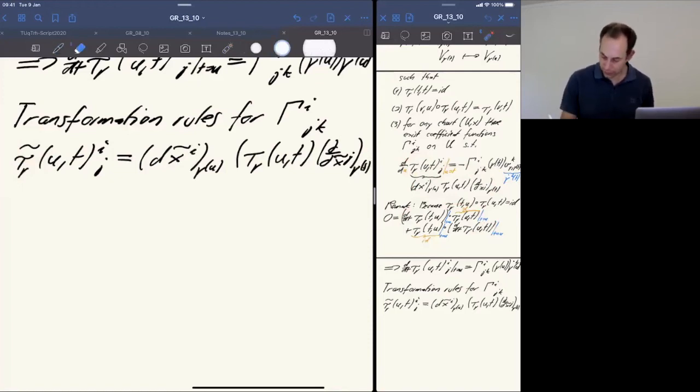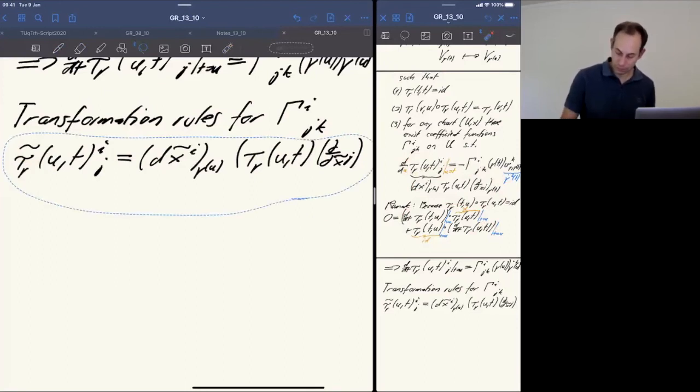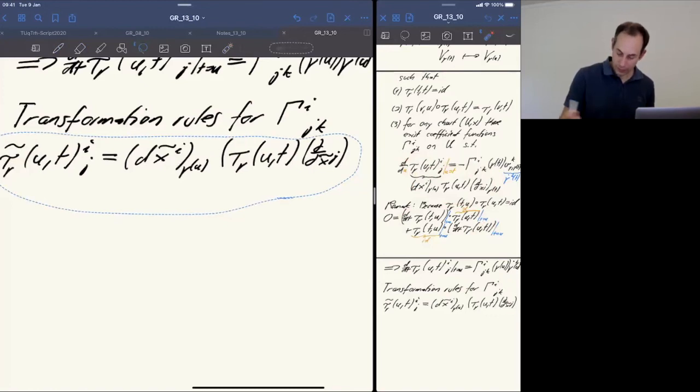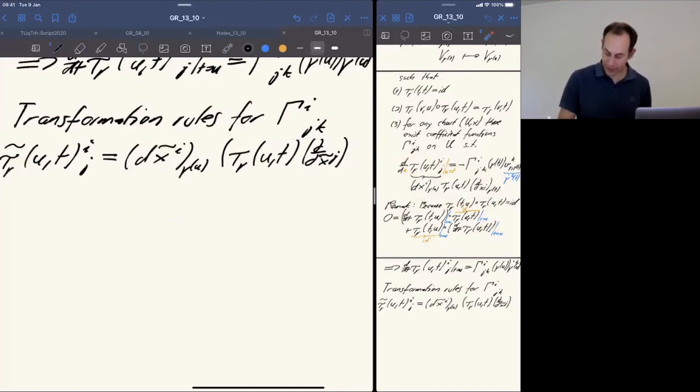Okay, I should write here a bit more cleanly. Let me create some space here. Okay, so here this is evaluated at gamma t.